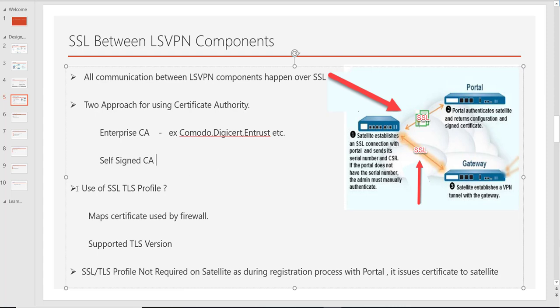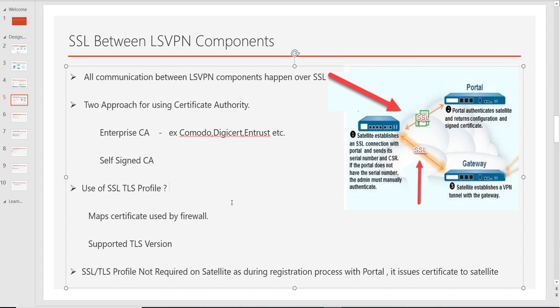Then another attribute we need in LSVPN is the SSL profile. On the gateway firewall and on the firewall that is doing the role of portal, we would need an SSL/TLS profile.